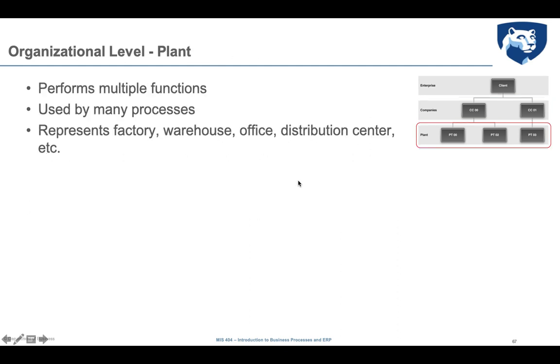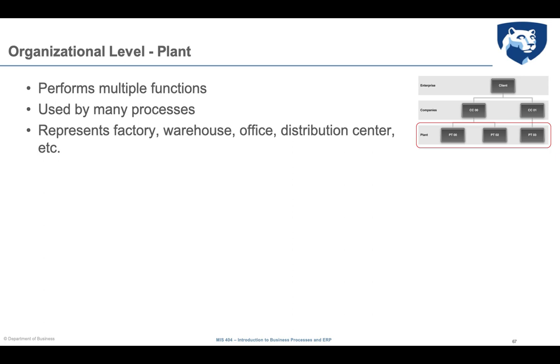At the lowest level, we have the so-called plant. Plants are called plants, but they can actually be a factory, warehouse, office, or distribution center. They are the organizational element where activities are executed. So they can be used by many processes, and they are where activities are materially executed. Products and services are created, material is stored and used for distribution, production planning is carried out, balance sheet and income statement are calculated, service or maintenance is performed.